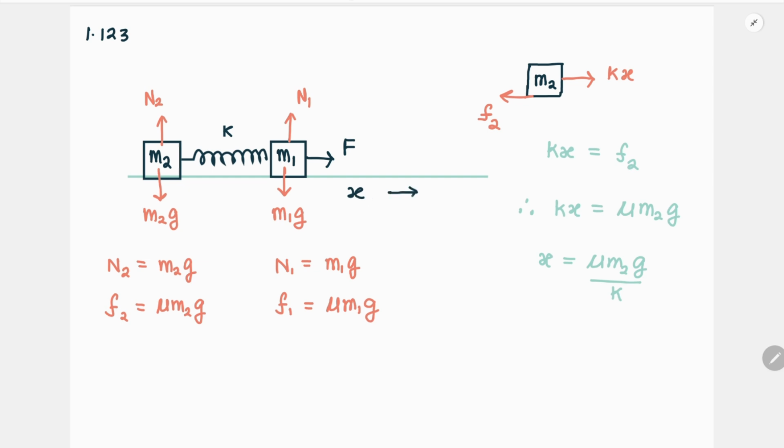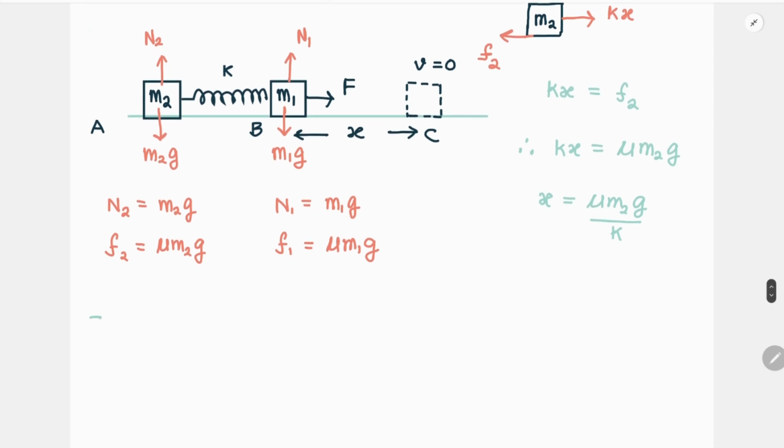So if m1 is displaced by a distance x such that the system is displaced quasi-statically, or slowly, and at this point the velocity is equal to 0, then regarding the points A, B and C, some work is done by the external force, some work is done by the frictional force, some work is done by the spring force, and all of them together contribute to the change in kinetic energy.